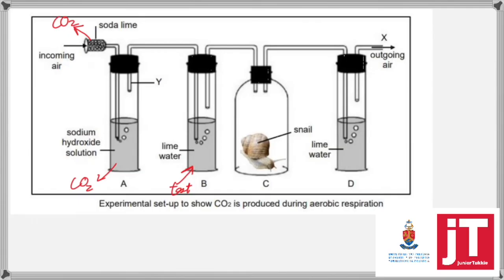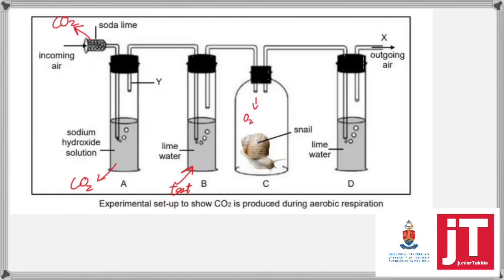We have a snail in jar C that is going to respire, and what we expect here is the use of oxygen and the production of CO2 within jar C. That means the air leaving jar C and entering test tube D, we expect that to have amounts of CO2 in it.